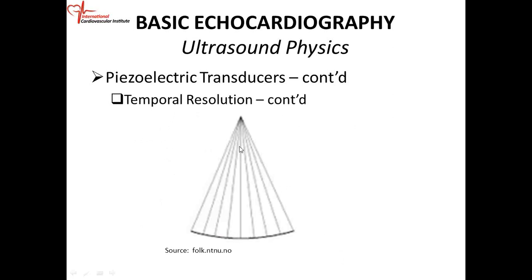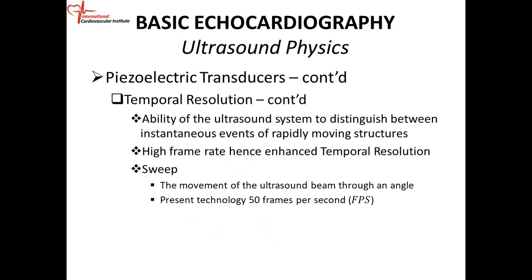Again, this is our scan line. Each of these lines represents an ultrasound wave traveling to the structure and coming back to the ultrasound probe. So temporal resolution is the ability of an ultrasound system to distinguish between instantaneous events of rapidly moving structures.